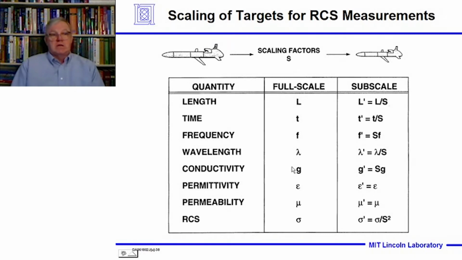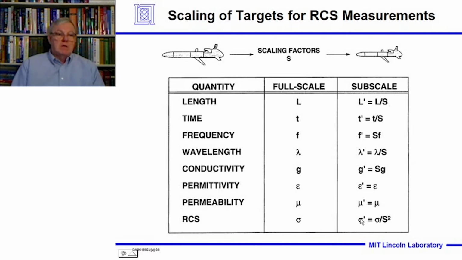But this thing called conductivity, which is sort of a measure of how good a conductor, if the material isn't a perfectly conducting metal, if it's a composite, something that's got loss in it, then you've got to scale the conductivity of those entities that are on the object. And this is interesting because sometimes when you do the scaling, it gives you a conductivity for which there isn't anything around, and you have to invent a new material to make it. But anyway, those things can be done.